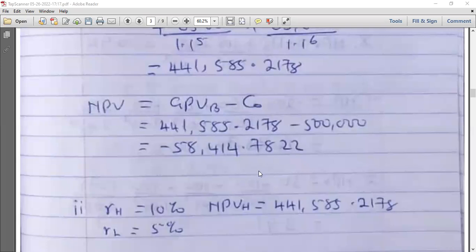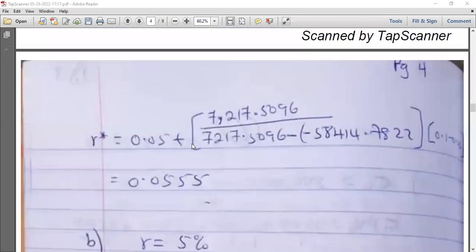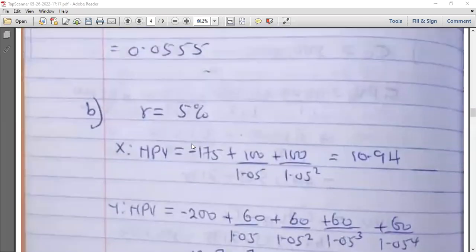And for the benefit cost ratio, if the answer is less than 1, we reject the project. The benefit should be more than the cost before we can accept it. So if we had to use benefit cost ratio, we would have rejected this. So that is that in case you are asked to use the B over C as well.